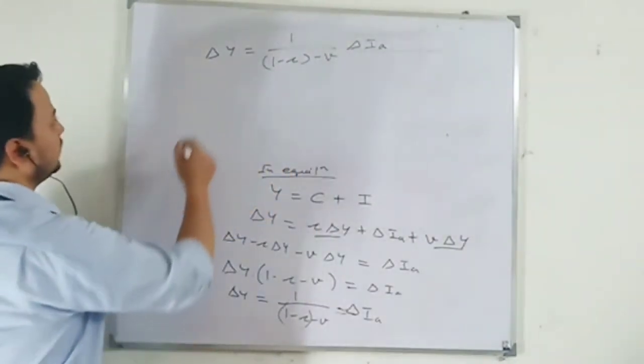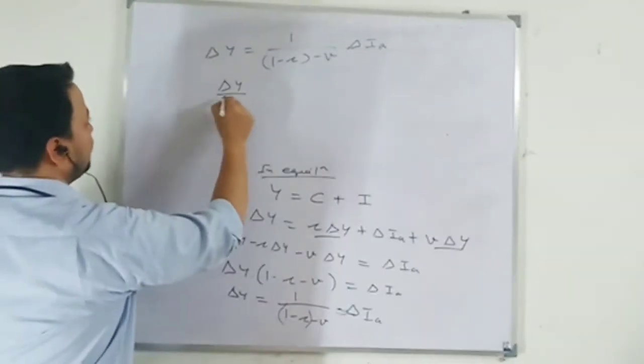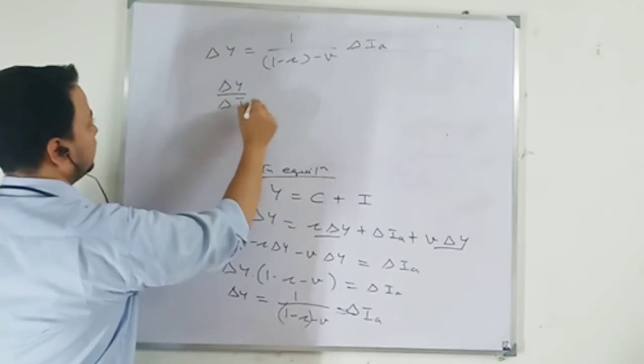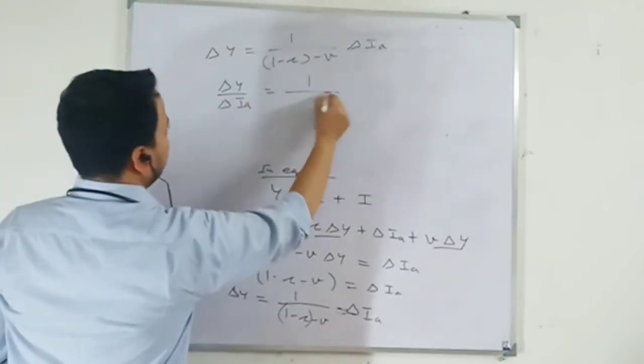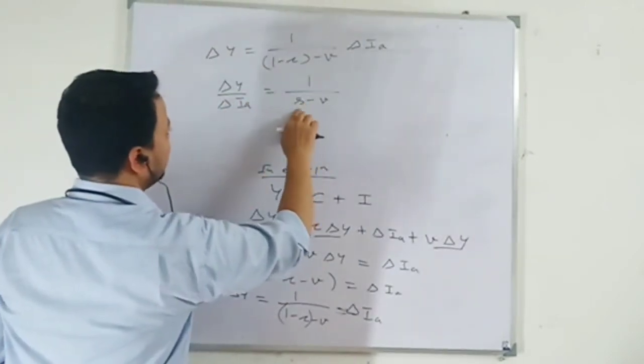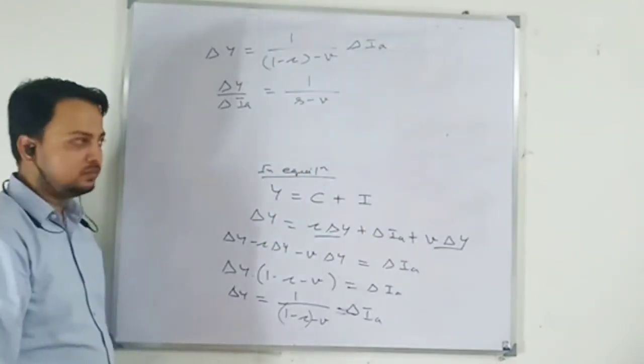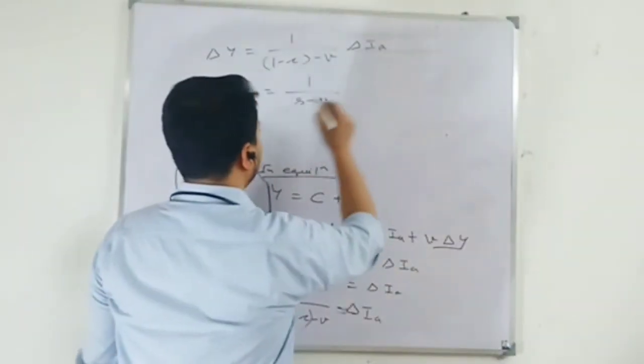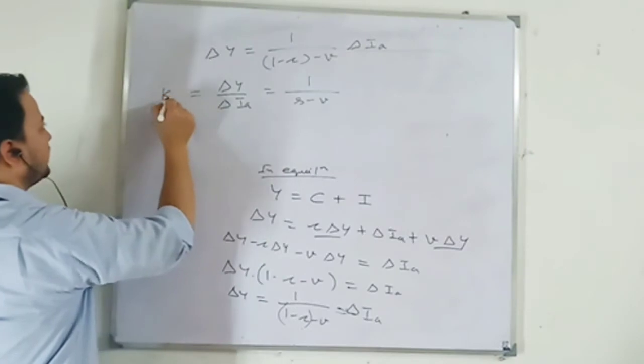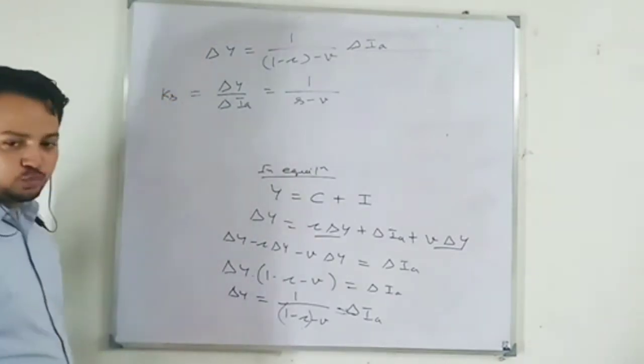So this is my super multiplier, 1 over s minus v. Small s is MPS. This is denoted by Ks. S stands for super multiplier.